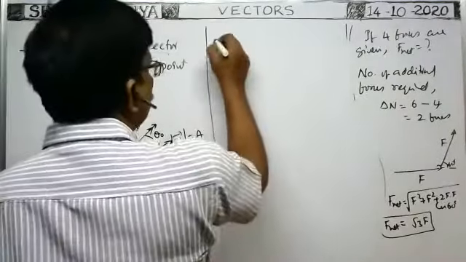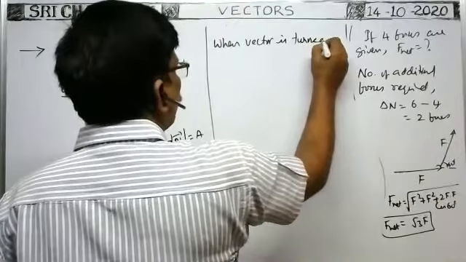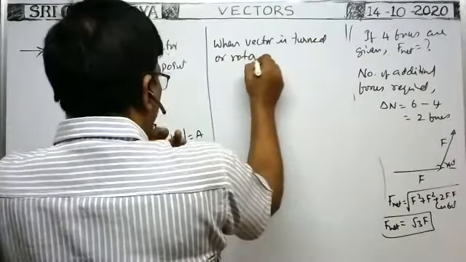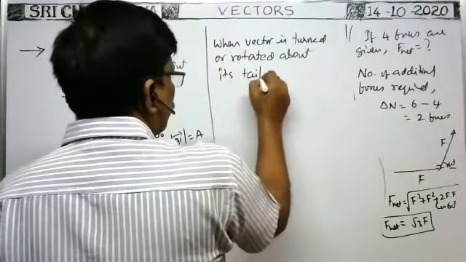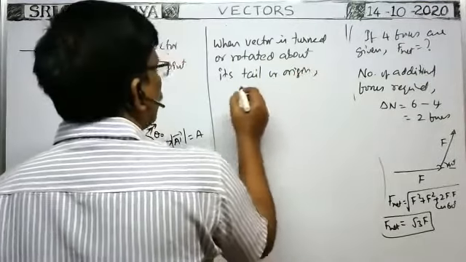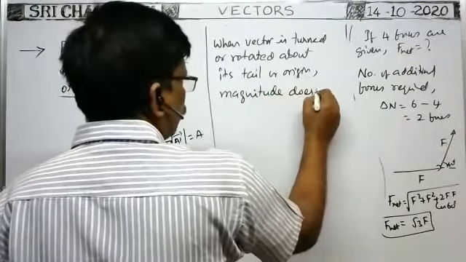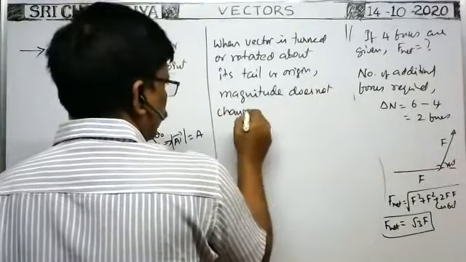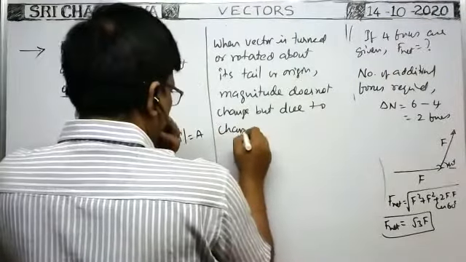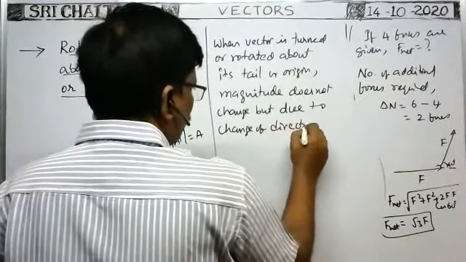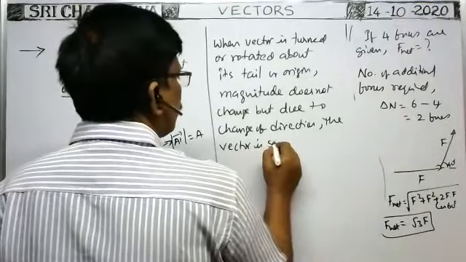So when a vector is turned or rotated about its tail or origin, the magnitude does not change, but due to the change of direction, the vector is said to be changed.